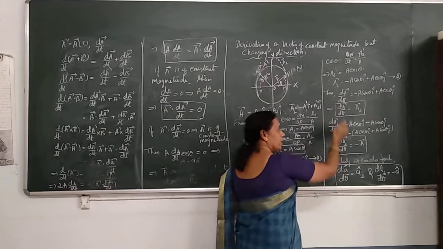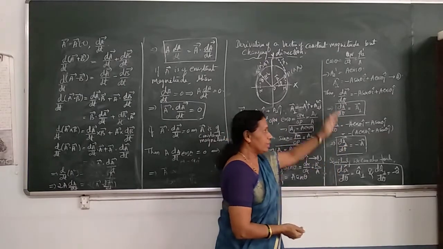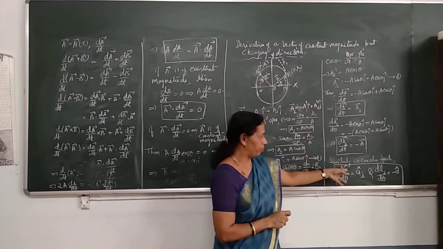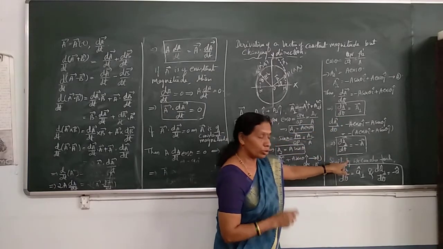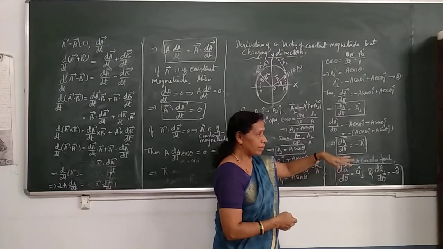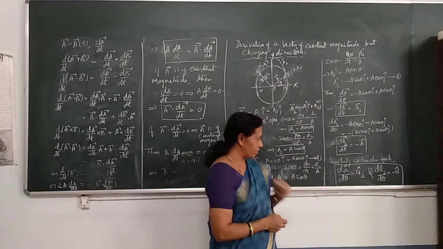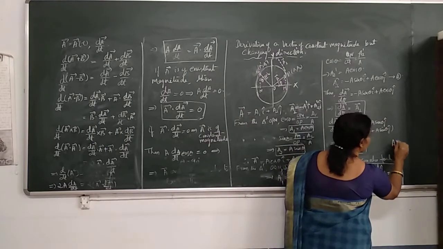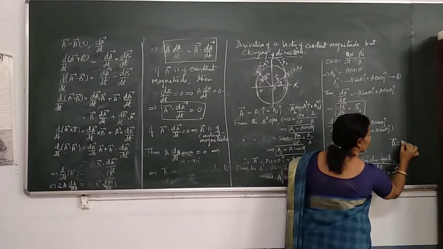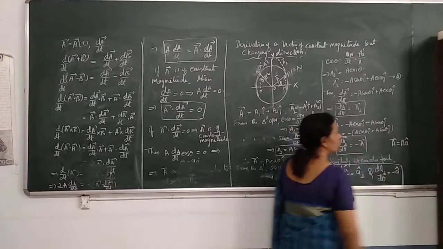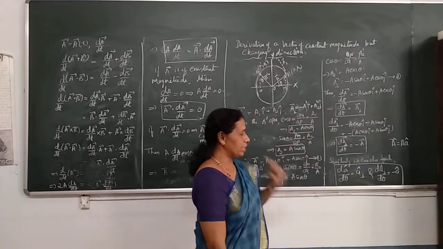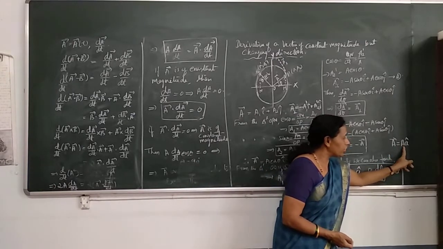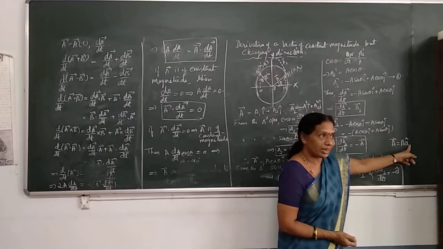If these two are true for any vectors, they are true for unit vectors also. Any vector in general can be written as the product of the magnitude and the unit vector. The given vector A can be written as the product of its magnitude and the unit vector denoted as A cap.